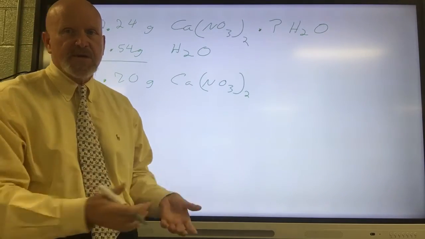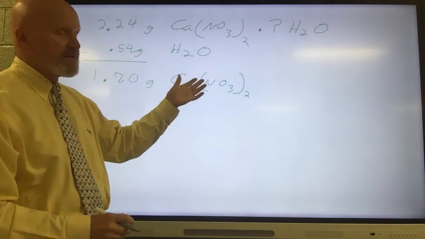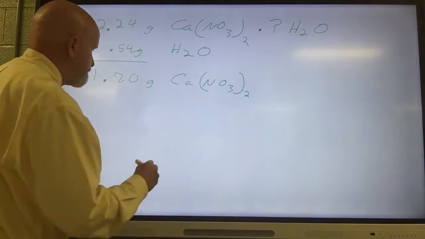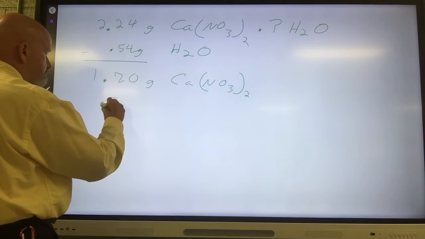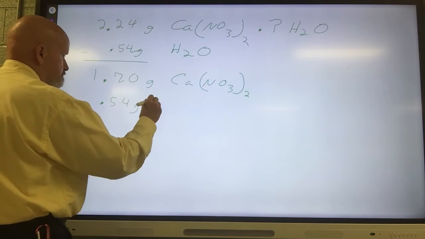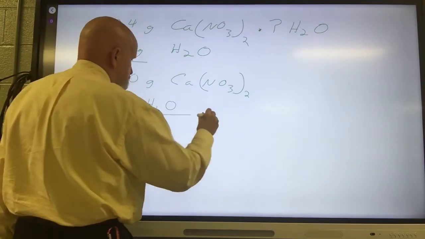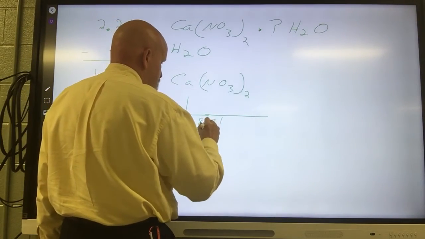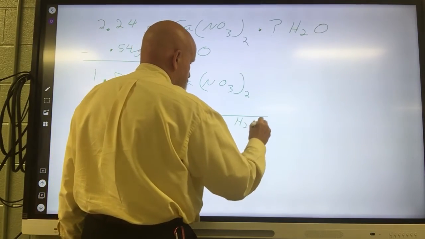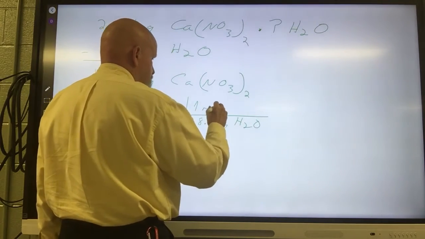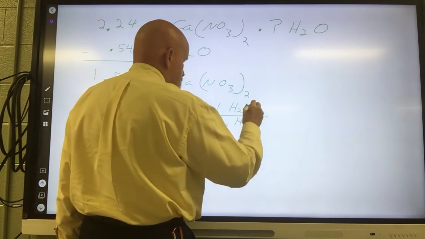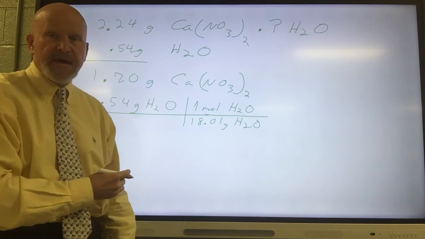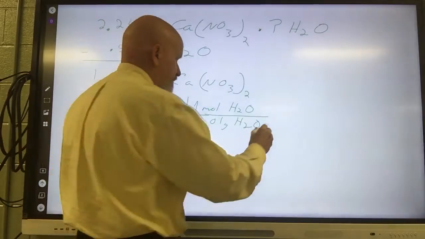So we're going to convert to moles. You should be seeing this by now. When we give you grams of substances, a lot of times we're going to convert to moles. So we'll take the grams of water that we know we had, and if you take grams divided by molar mass, that should give us how many moles of water we actually have.